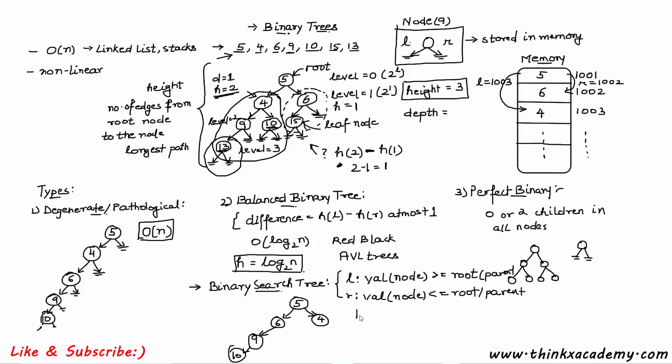So in the next tutorial, when we try to insert the nodes, we are going to use these restrictions to insert the nodes in the binary tree. And this is actually an optimized search, because you can see here, if I want to search 9, first I will go to the root node.